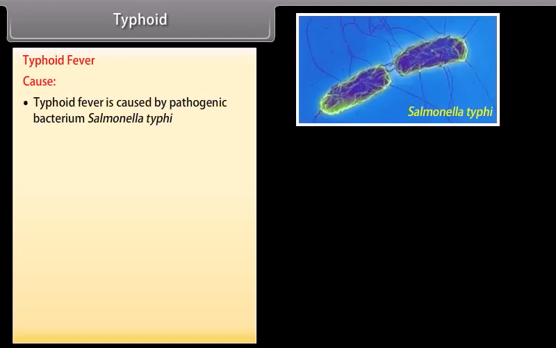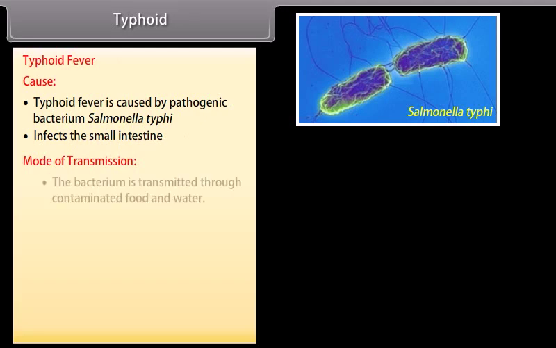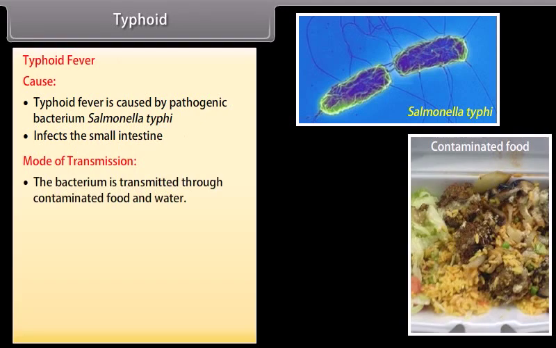Typhoid. Typhoid fever. Cause. Typhoid is caused by the pathogenic bacterium Salmonella typhi. It infects the small intestine. Mode of transmission. The bacterium is transmitted through contaminated food and water.